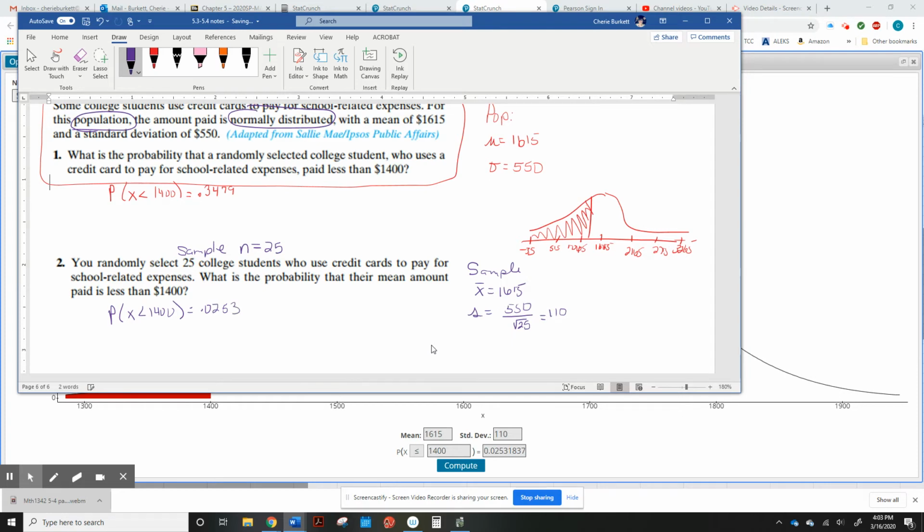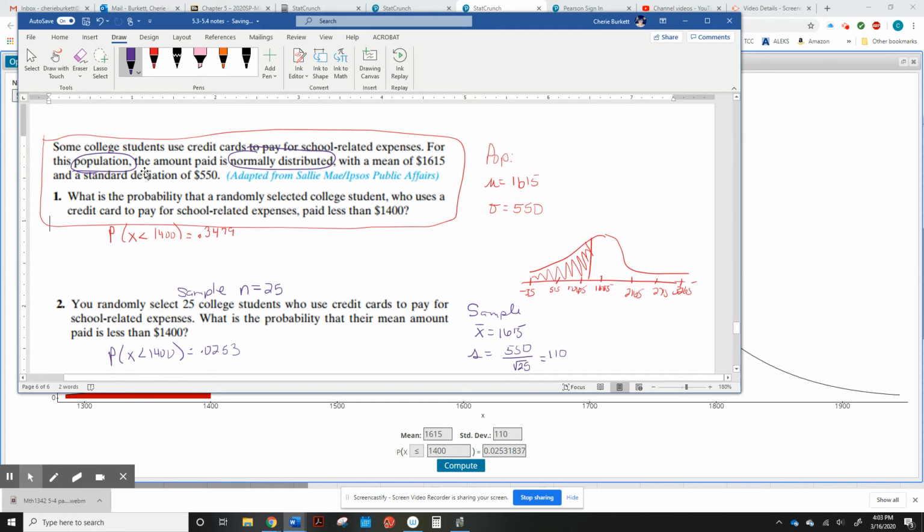Okay, so here's the thing that I know happens. You read these two problems, and without somebody pointing it out, you would most likely work both of them with this information right here. And so, if you're dealing with the population, you get the right answer.